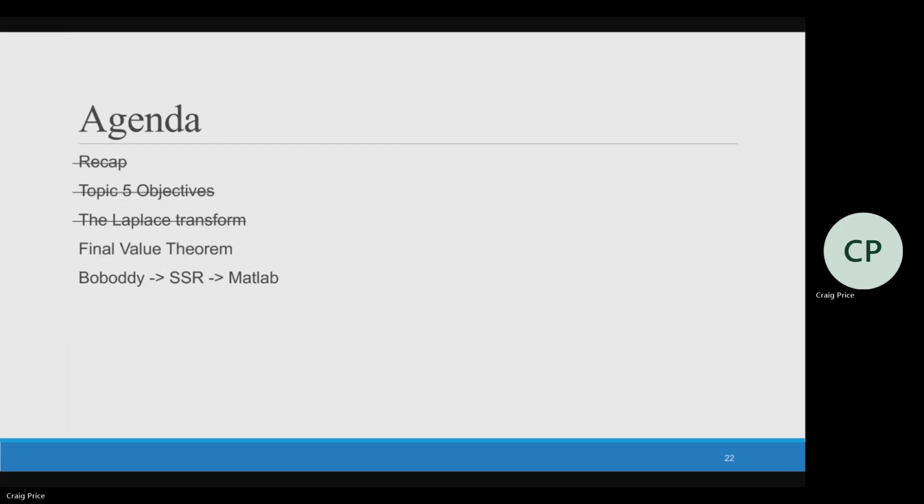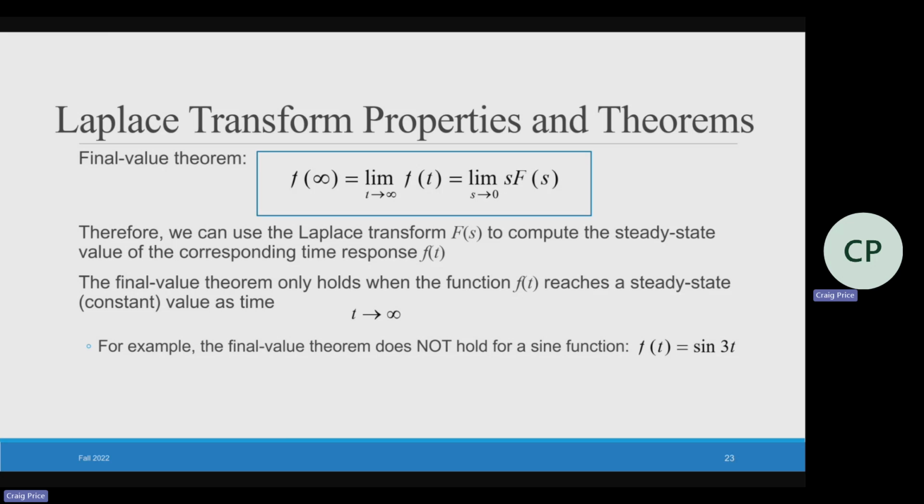So, a few last things. This is the final value theorem. This is on the equation sheet. So the final value theorem is basically just a quick way, if I am in the S domain, if I've done a Laplace transform, if I have a Laplace function, to solve for the final value.